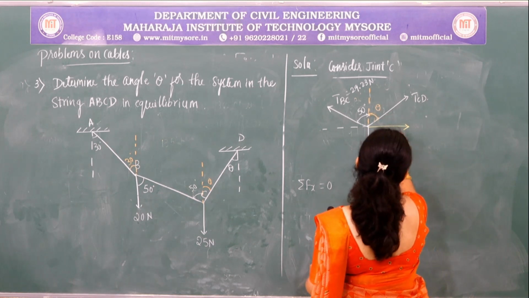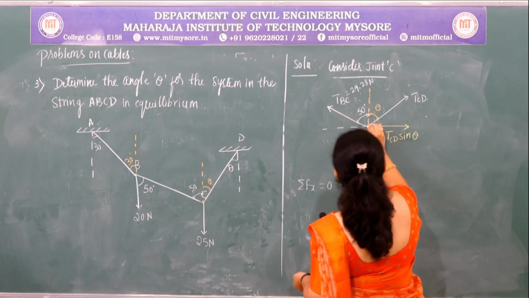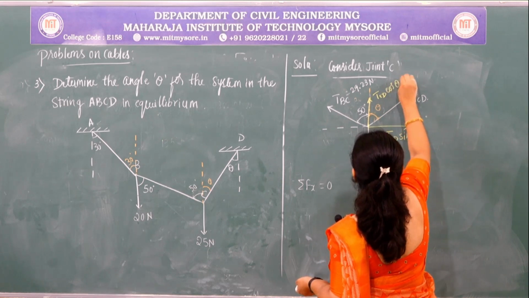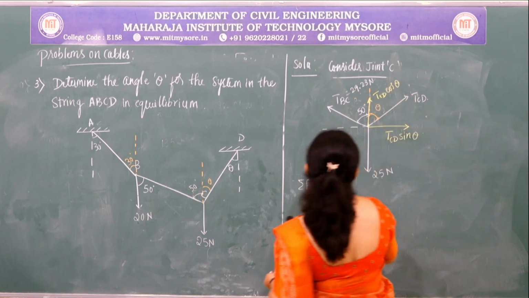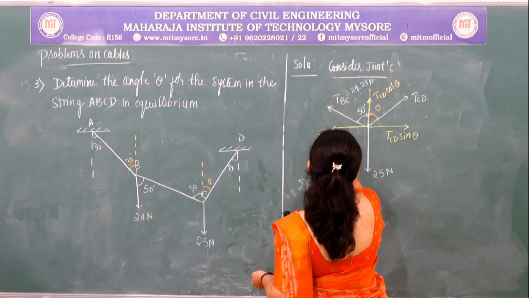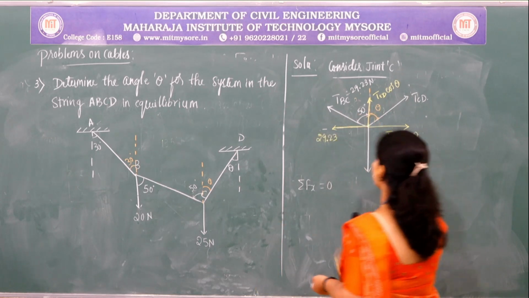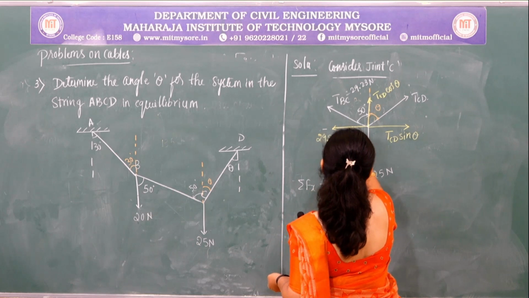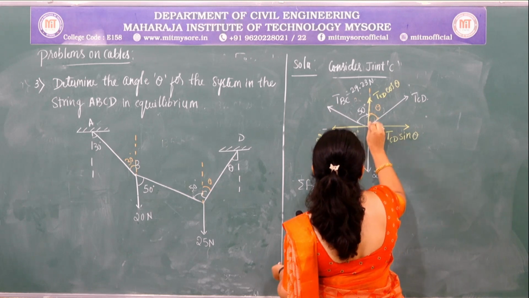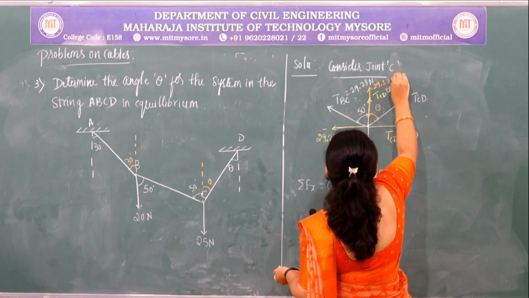So the x component will become TCD sin theta and y component will become TCD cos theta, and resolve the force TBC, which is equal to 29.23, and here also the inclination angle is given with respect to the vertical axis. So 29.23 sin 50, and the vertical component will become 29.23 cos 50.